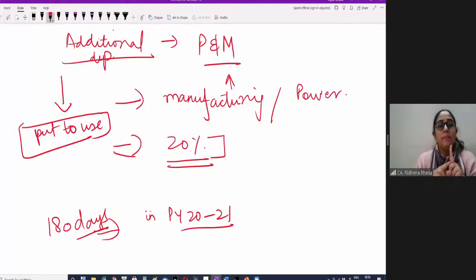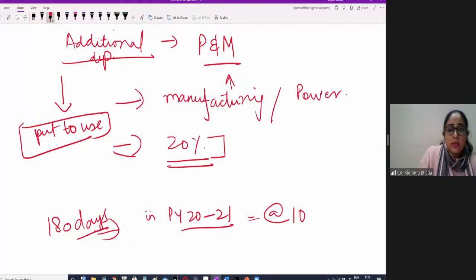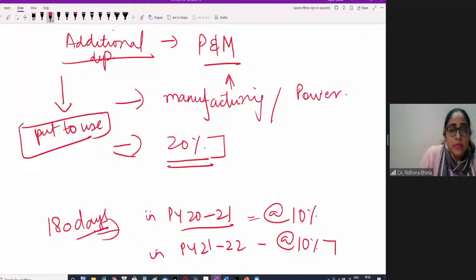One, normal depreciation would be charged at 15%. Two, additional depreciation would be charged at 10%, which is 50% of your 20%. Okay? But in the very next year, the remaining 10% would be claimed.